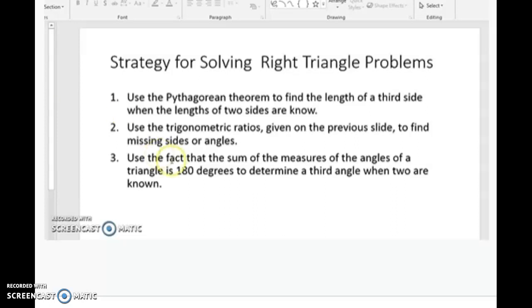Second, use the trigonometric ratios, also referred to as the trigonometric definitions from the previous slide, to find missing sides or angles, so to find unknown lengths of sides or unknown angle measurements. And lastly, use the fact that the sum of the measures of the angles of a triangle is 180 degrees to determine a third angle when 2 are known.